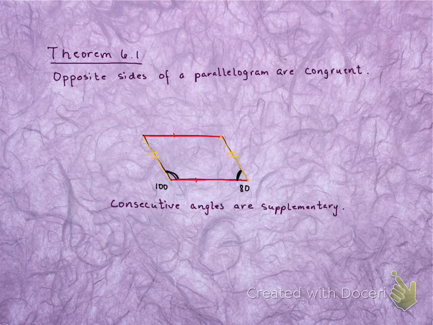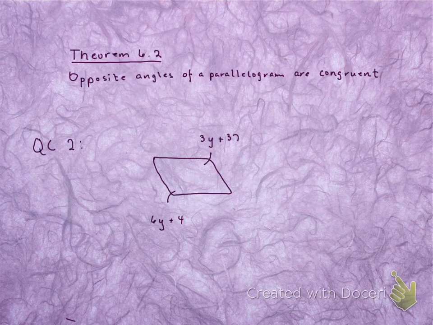If I've got this angle down here and the consecutive one I am speaking of is the one up at the top left, then this angle up top here is an 80-degree angle as well. Which leads us to our next theorem that says opposite angles of a parallelogram are congruent.